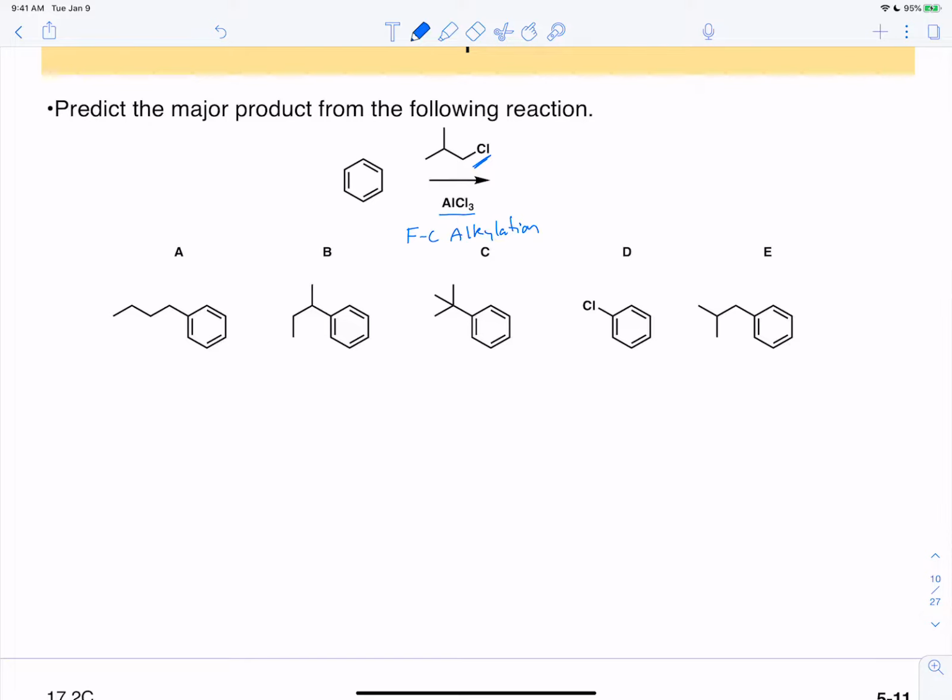The first thing that happens is we have the alkyl chloride and aluminum trichloride. Aluminum trichloride is a good Lewis acid. It's going to make a bond with chlorine and try to rip this chlorine off. Depending on the situation, we will take this all the way to make a carbocation.